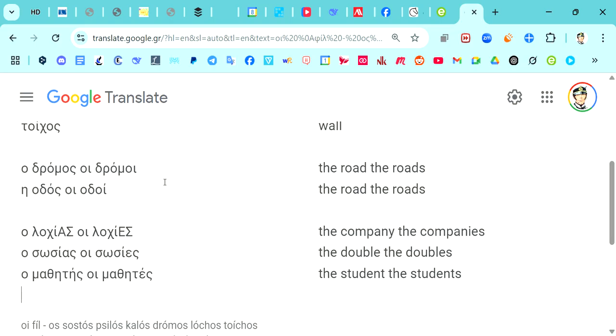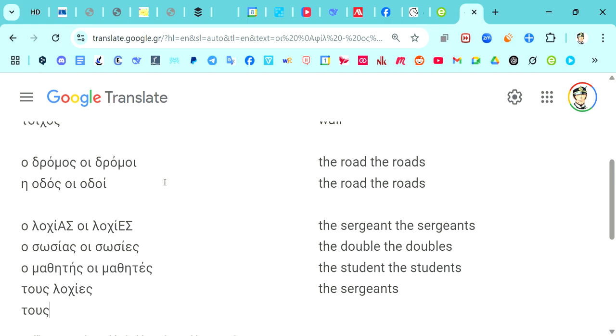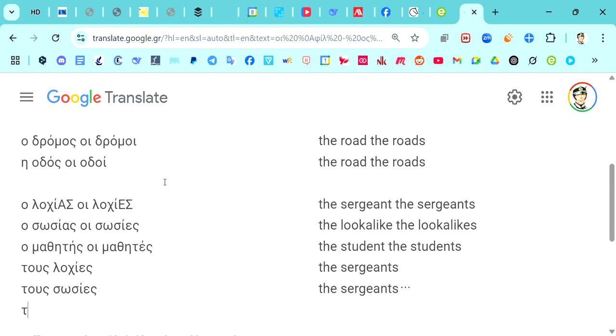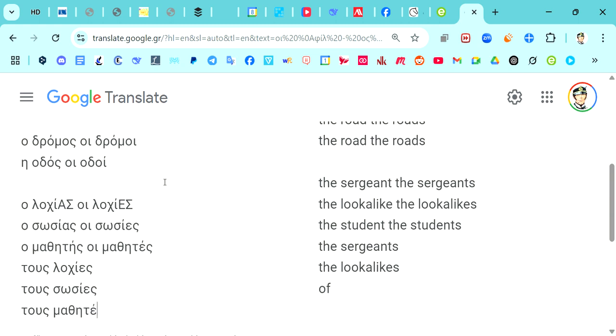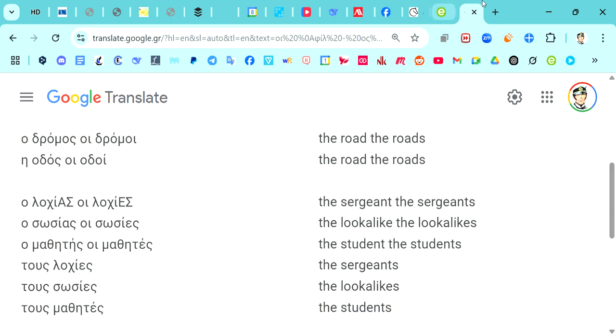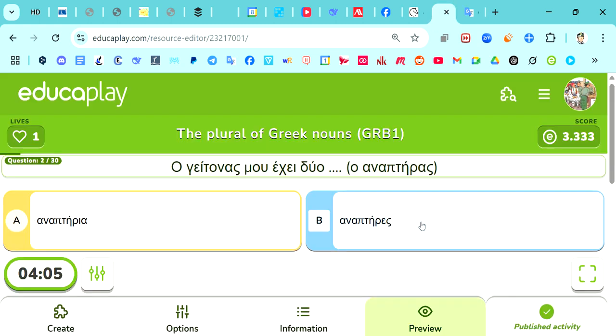And the accusative would be the same but with a different article. So it would be τους λογίες, τους σωσίες, τους μαθητές. So again, by this logic I choose αναπτήρες.